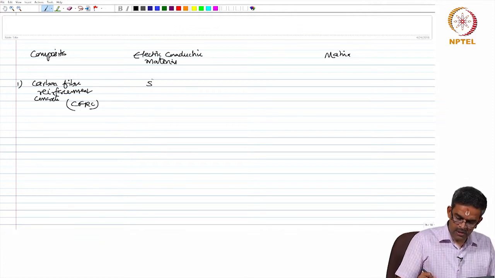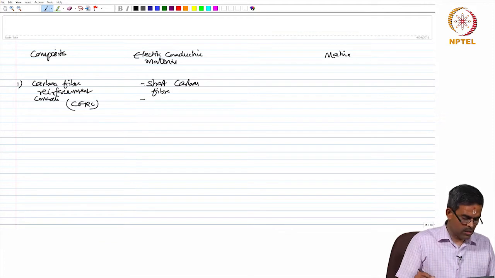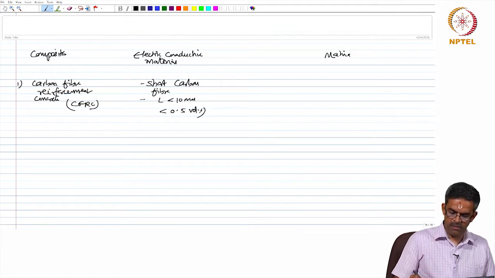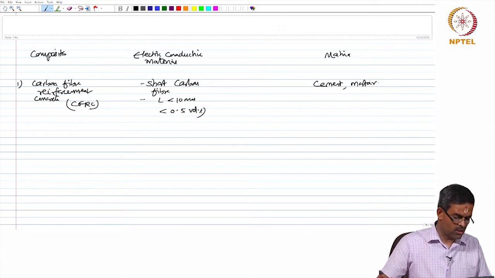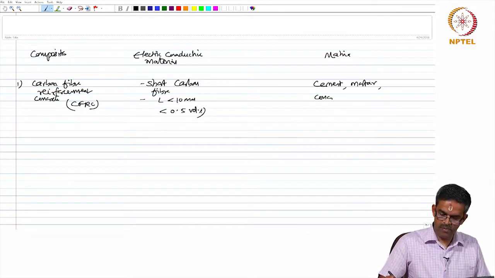It contains short carbon fiber. Short in terms, the length is less than 10 millimeters and the volume is about 0.5 volumetric percentage in the mixture. The matrix used is cement, mortar, concrete including admixtures.